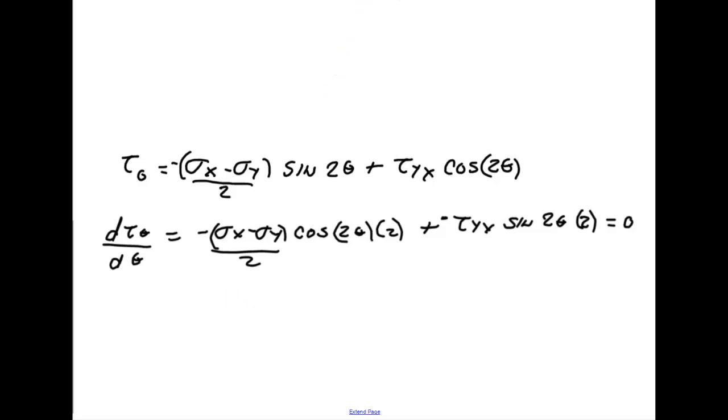Alright, so let's see what we're going to get here. We can cancel out something here. Our 2 is going to cancel out across here. Alright, we're going to now start moving things around. We'll move this to the other side. Put the 2 back in front here.